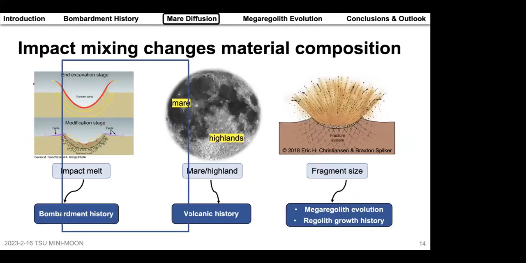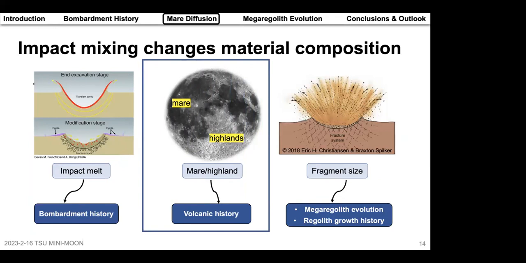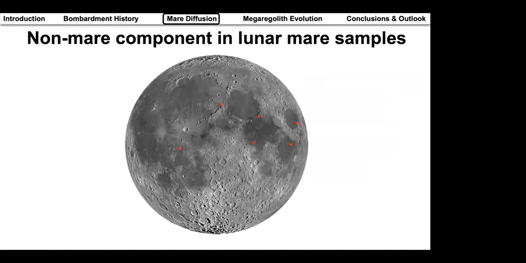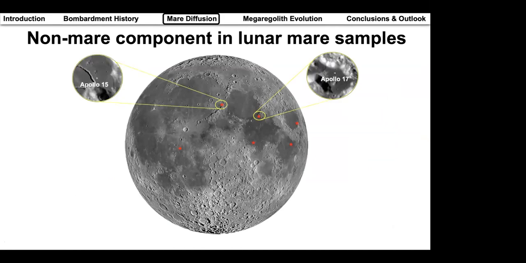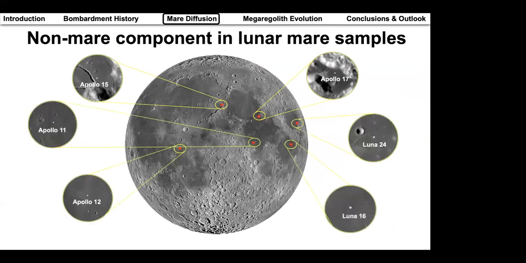Now we move to the volcanic materials. These volcanic materials are important because in the returned lunar samples, in this image, you can see a lot of sampling sites located over the Mare surface, these dark regions.